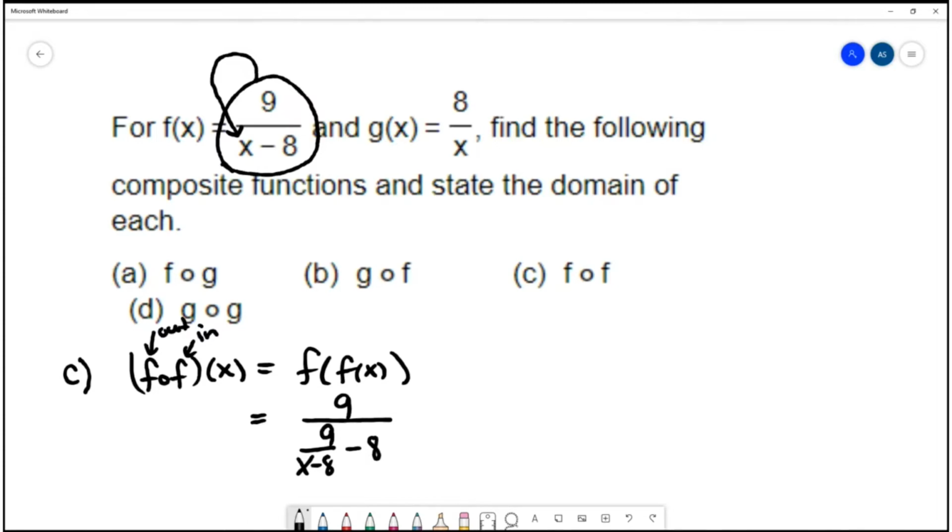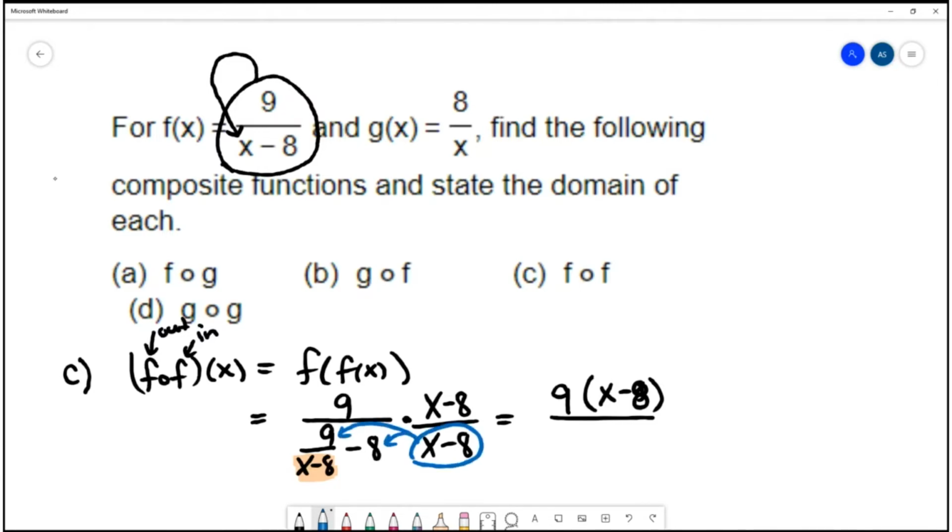And we can simplify this by clearing fractions. We'll multiply by x minus 8 over x minus 8. So I multiplied by this little denominator here. That will give 9 times x minus 8 over, we'll distribute in the denominator. When I distribute to the first term, the x minus 8's cancel, and when I distribute to the second term, I get minus 8 times x minus 8.